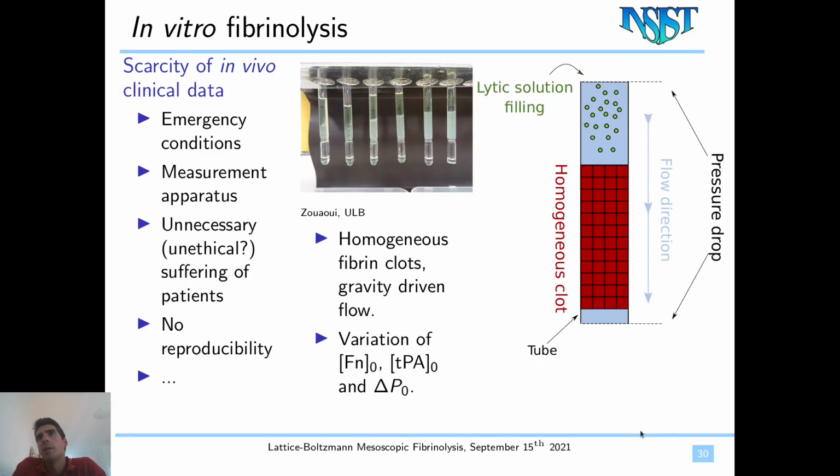So we then replicate this in the model. We apply the same pressure drop between both ends of the tube. We put our homogeneous clot that is made of these partially bounce back voxels, and we put a solution that will contain our anti-fibrin particles that represent the TPA and everything that works to lyse the fibrin clot.